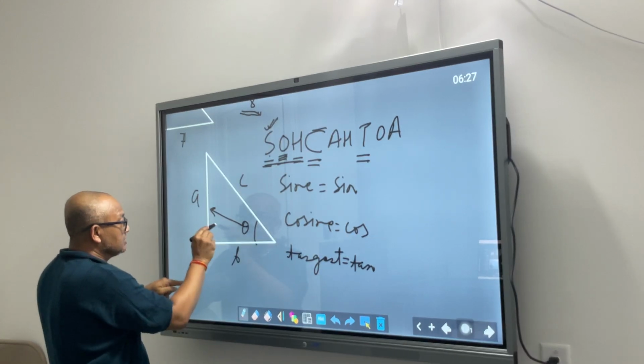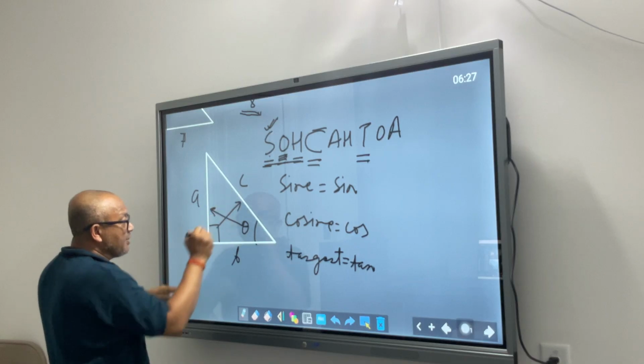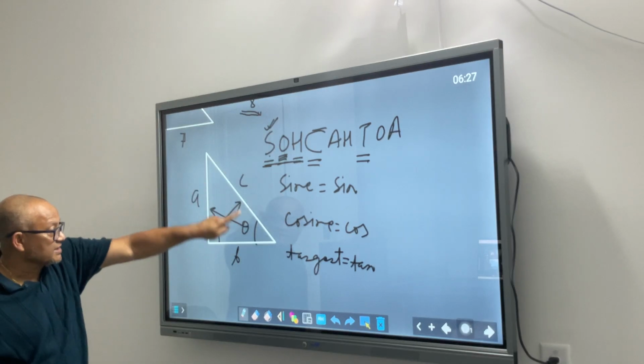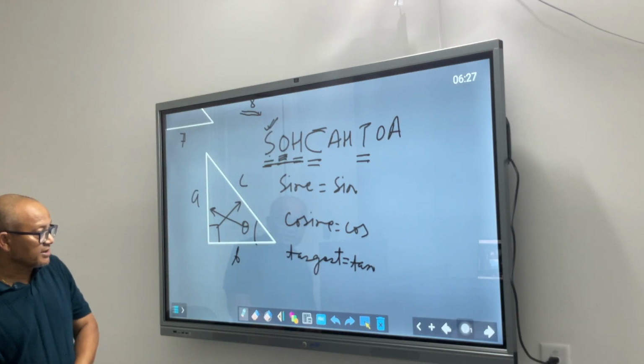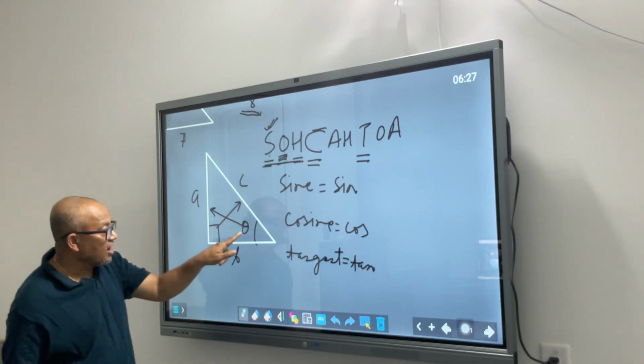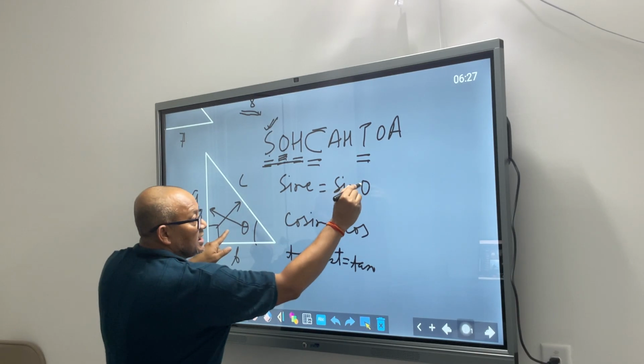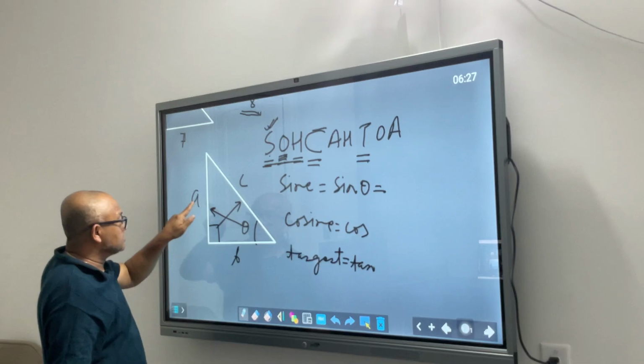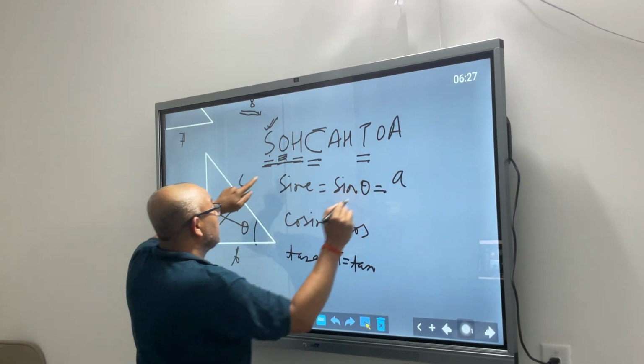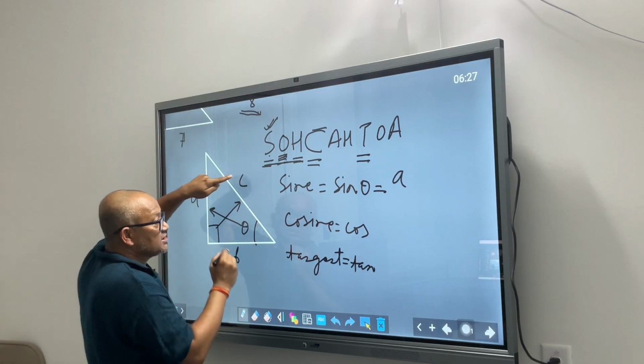Hypotenuse is the side opposite to the 90-degree angle. So this C is nothing but the hypotenuse in the right angle triangle. So sine of an angle theta is equal to opposite side A divided by hypotenuse, which is C.